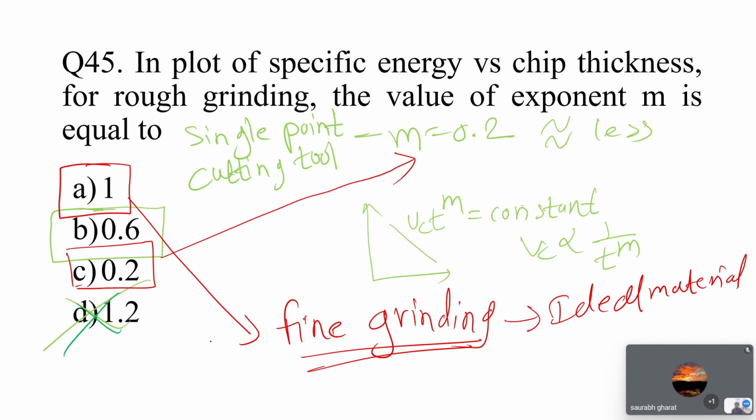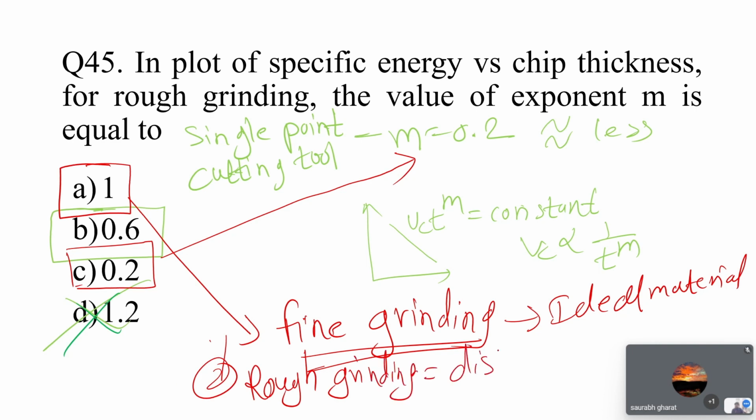In case of rough grinding, what will happen? It will have dislocations, or mostly we have defects, and these defects are actually leading us towards less force.